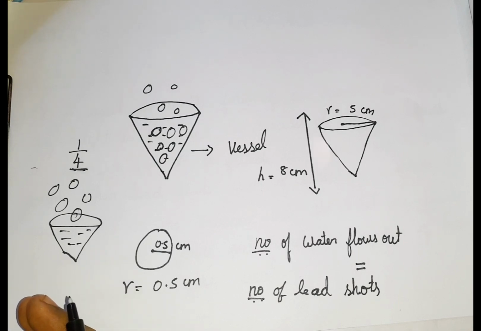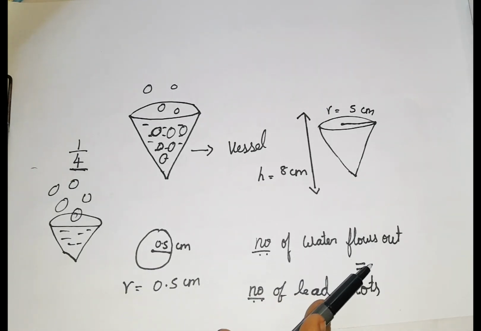It is up to the lead shots. That's why the water that flows out is equal to the number of lead shots. Why? Because the water is dependent upon the lead shots. If I don't throw any lead shot, the water will not flow out. If I throw 2 or 3 lead shots, then a lot of water will come out.